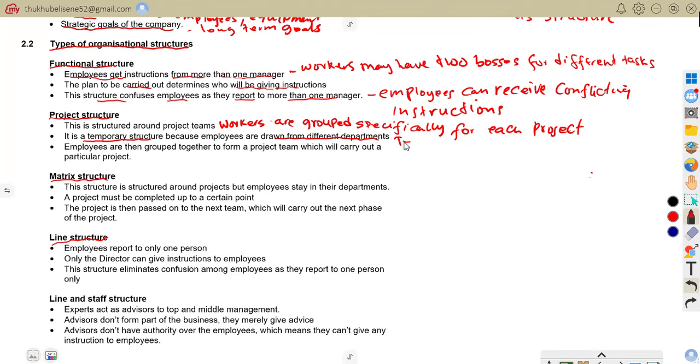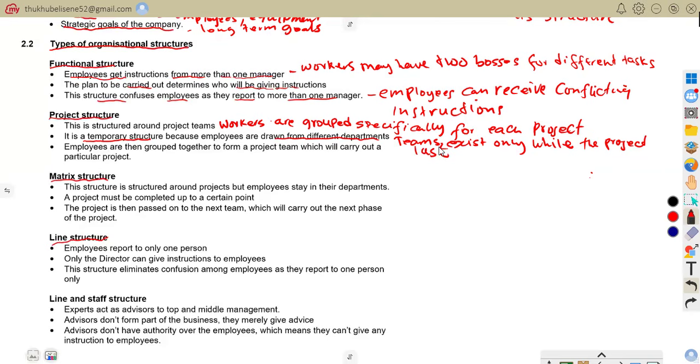What it means is that teams exist only while the project lasts. That is that.